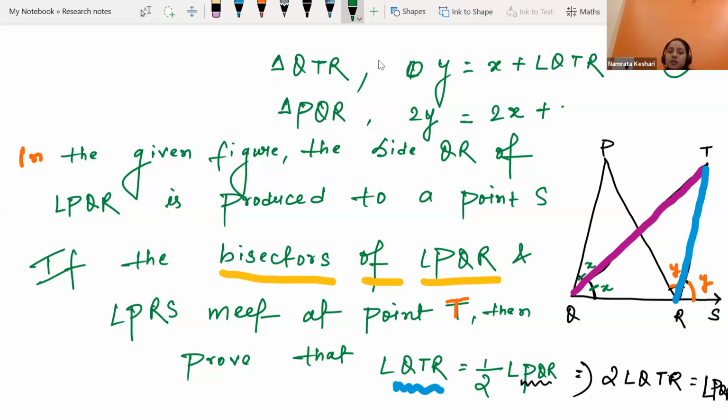One extra angle is coming still, which we don't need. This is 180 minus 2y.